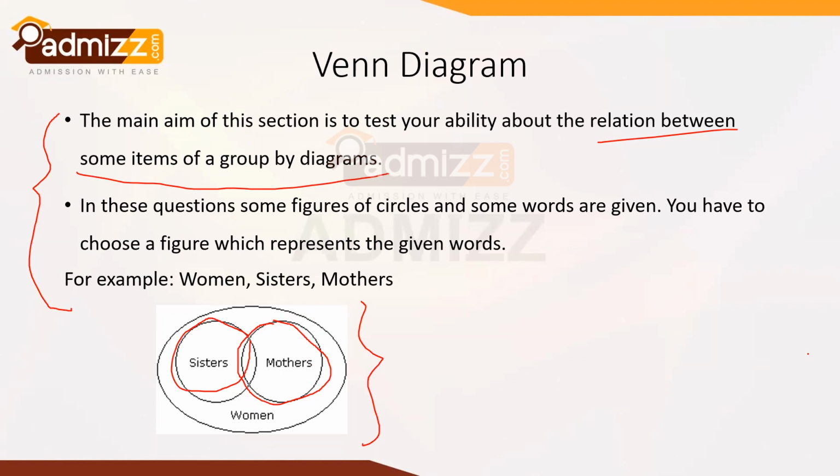And since sisters and mothers are all women in a conventional sense, they are encapsulated within this larger circle or ellipse, which represents women. So this represents the relation between mothers, sisters, and women in a Venn diagram. Is everyone clear on this?